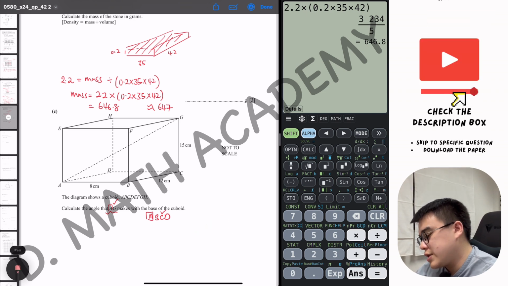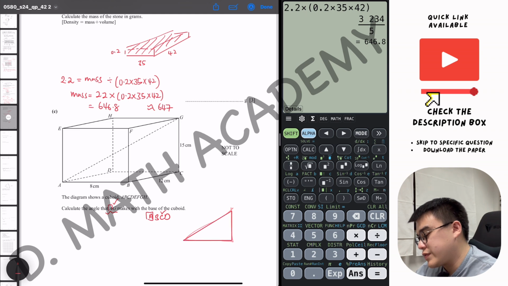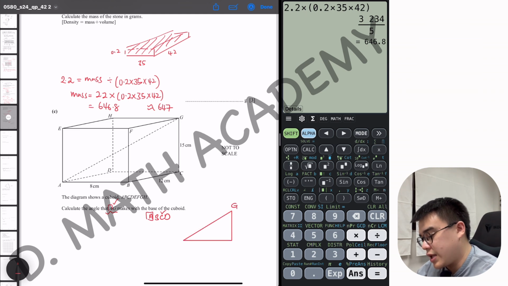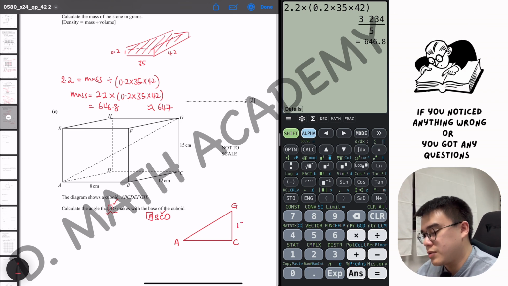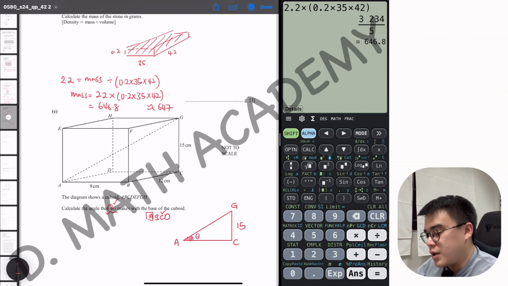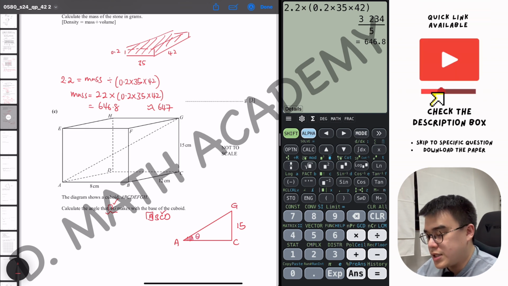If I draw it nicely, it will look something like this with G, C, and A. The slanted part is how much? We do have the 15 though. That's good news. This was the angle here. And then we are finding AC. So to find AC, there's only one way to do so.